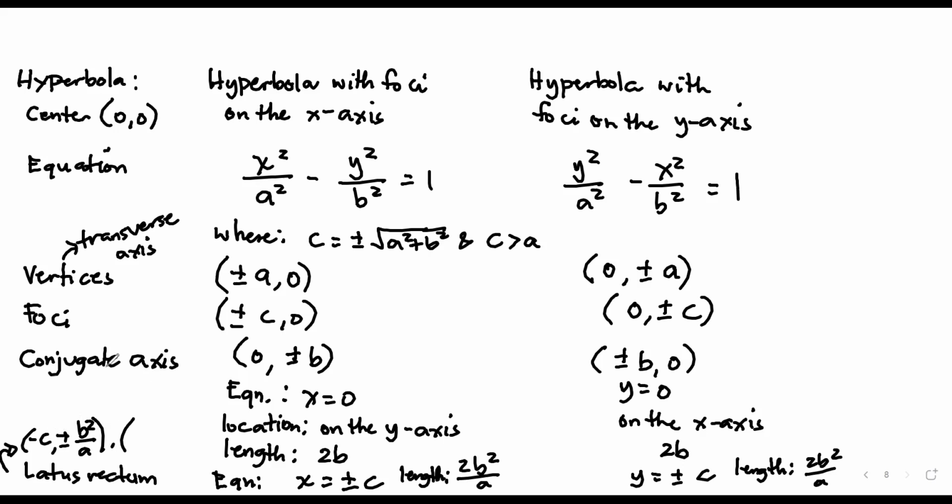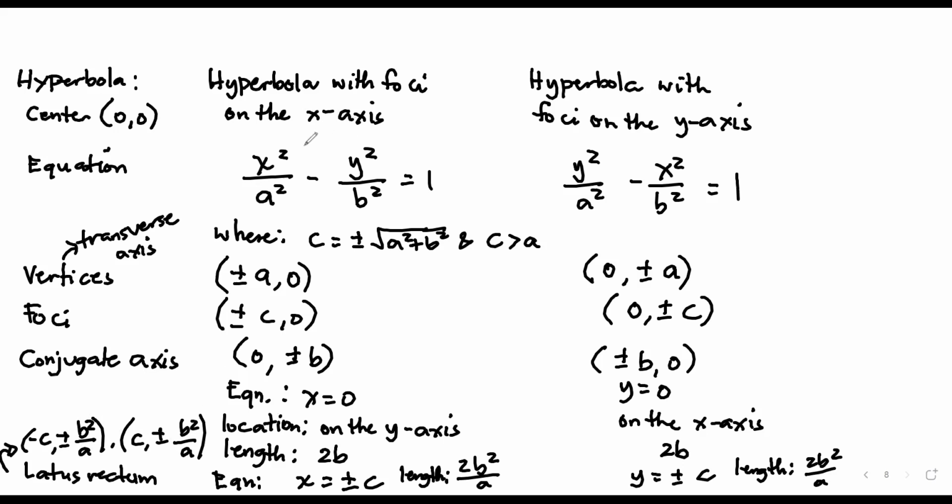Meron pang dalawang points sa right side, dalawang points sa left side. Negative c, positive negative b squared over a. Again, we have negative c, b squared over a, negative c, negative b squared over a. Another 2 points, c, b squared over a, c, negative b squared over a.